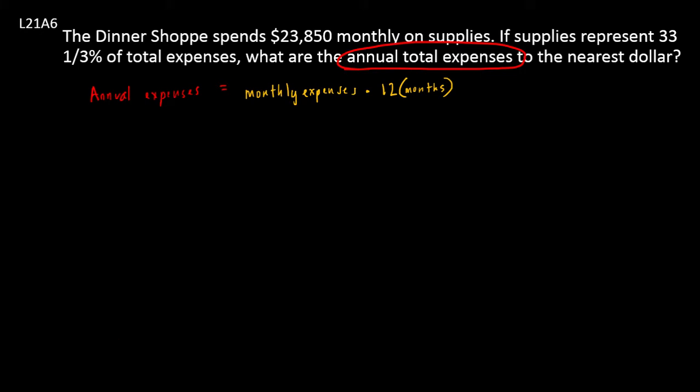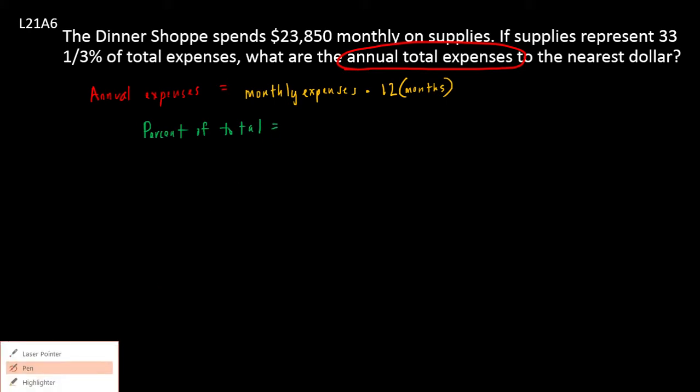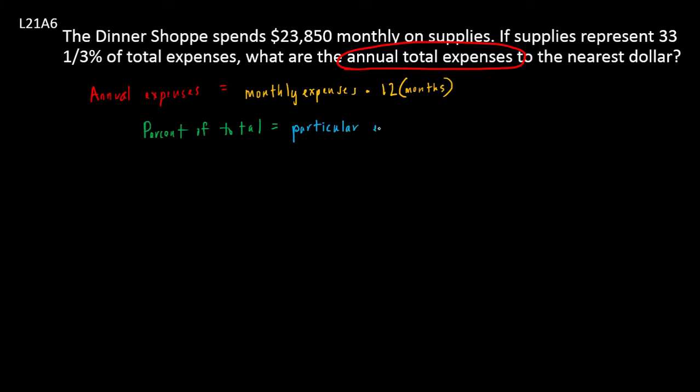Okay, so this is where it gets a little tricky, and you will refer to your equation sheet to help you here. Percent of total: our percent of total is equal to a particular expense divided by monthly total expenses.